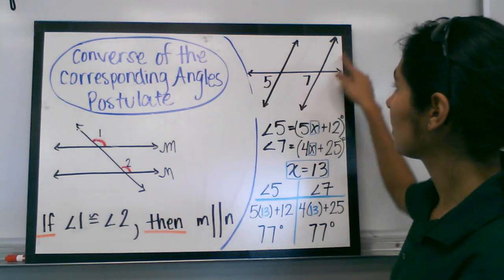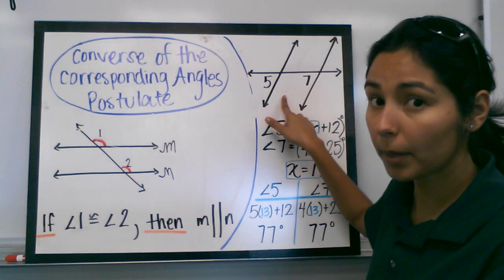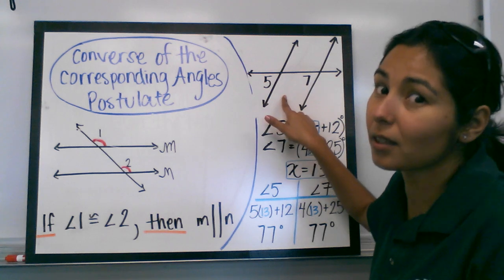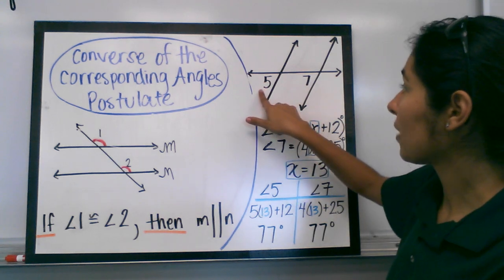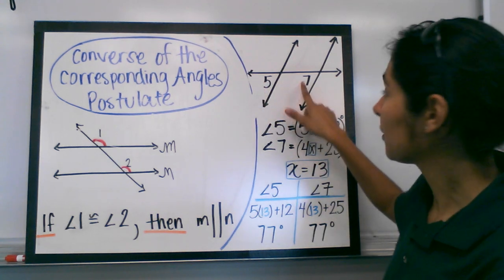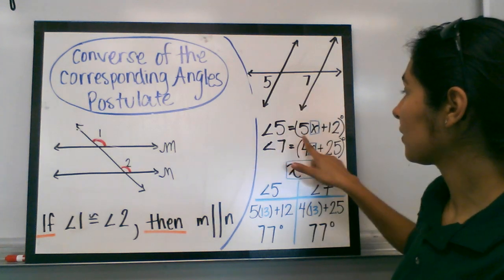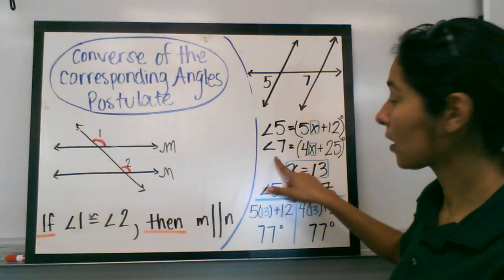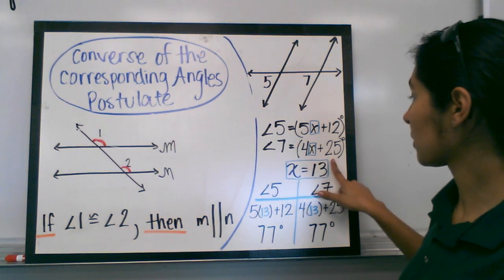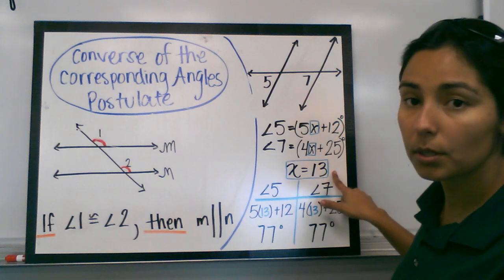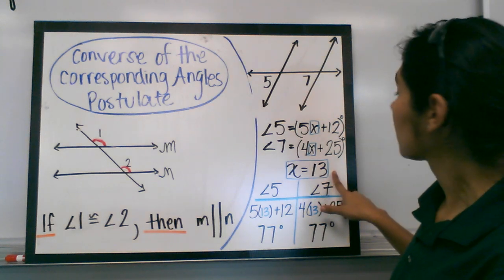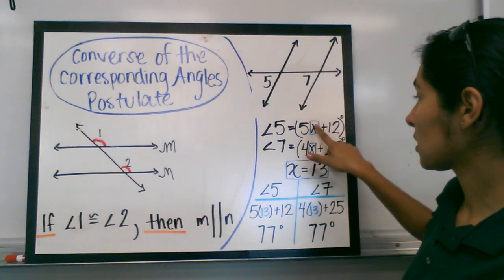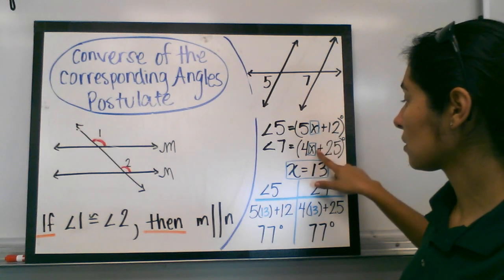So we have these lines. I don't know if they're parallel because they're not marked. They look parallel, but you can't tell. You have angle 5 and 7 labeled here. Angle 5 is 5x plus 12 degrees. Angle 7 is 4x plus 25 degrees. And they also tell you that x is 13. So you can substitute the 13 into the x for both of those angles.